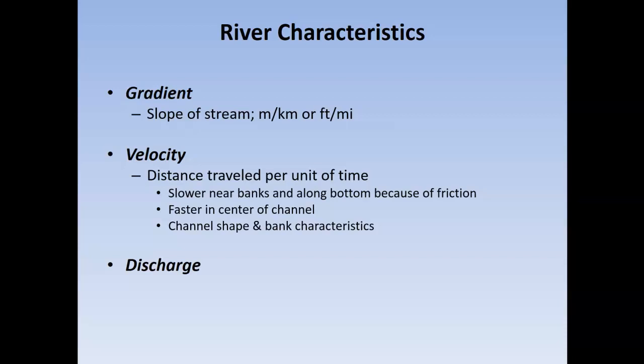We might do miles per hour, right? It's traveling 10 miles per hour, or we might do feet per second. What we see, of course, is that the velocity is higher in the steeper streams where we have a higher gradient, and it's a lower velocity where we have a very low gradient.